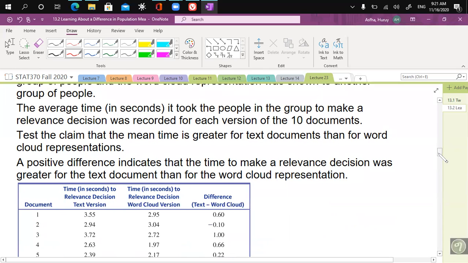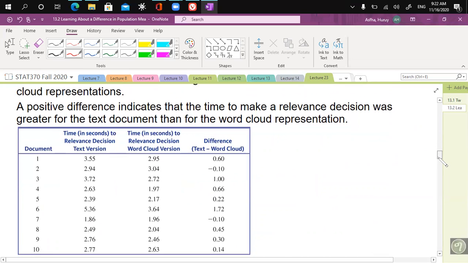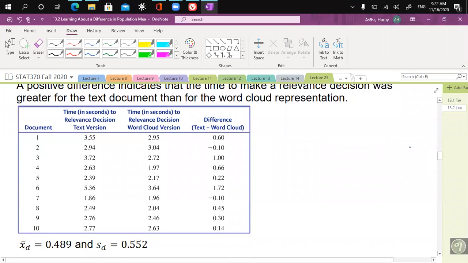And then they gave those articles to a different group of people. They were interested in the average time in seconds it took the people in the group to make a relevance decision, for the raw text and for the visualized text. So here we have the data.